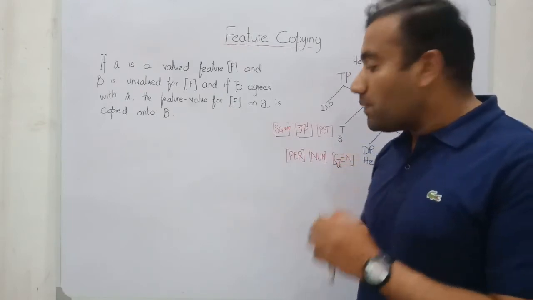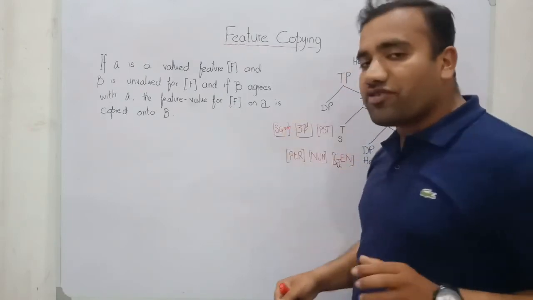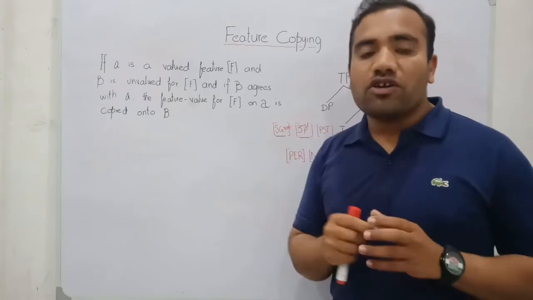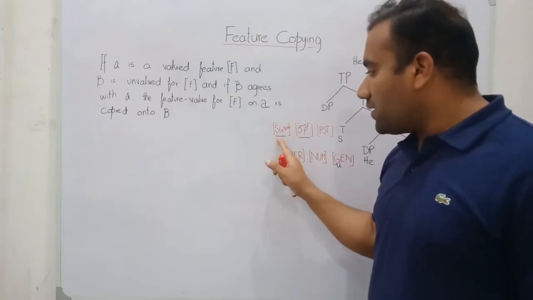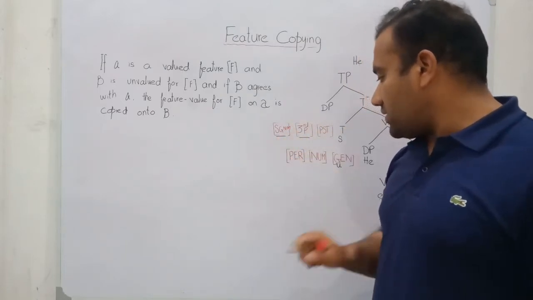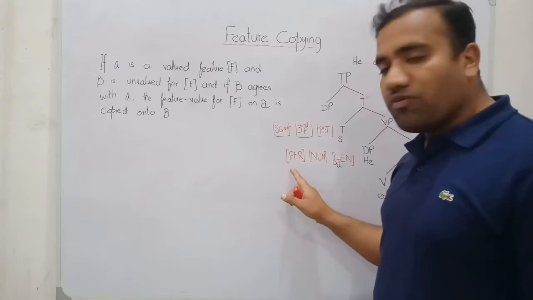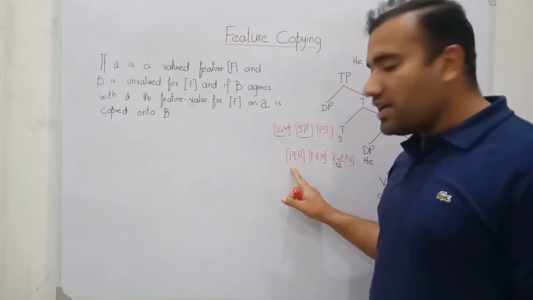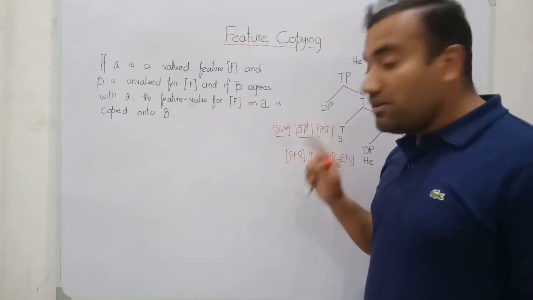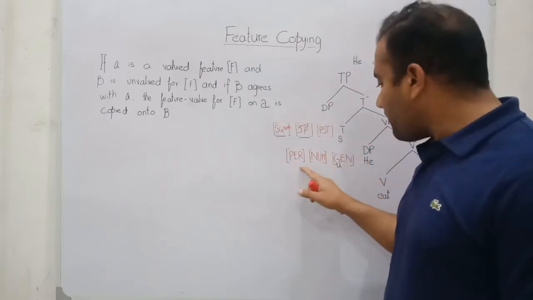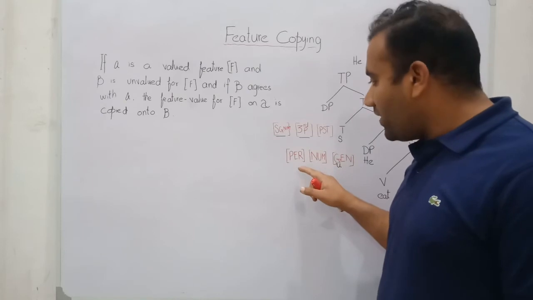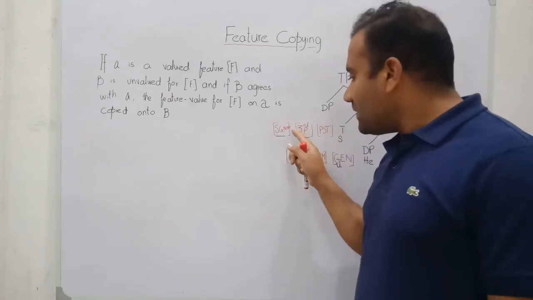This is the problem, but it has some slots. On those slots, we have the particular features: the same number feature and person feature, and in this DP, we have the person feature and the number feature. If this agrees with this T, the features of alpha can be copied to the features of beta.